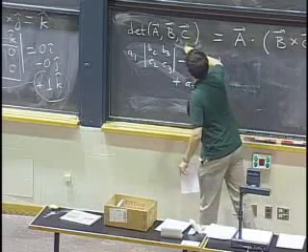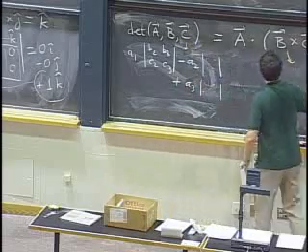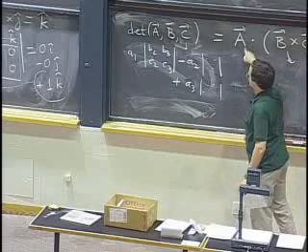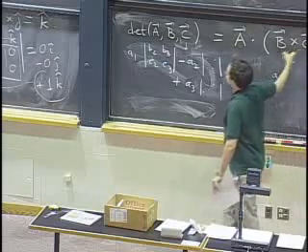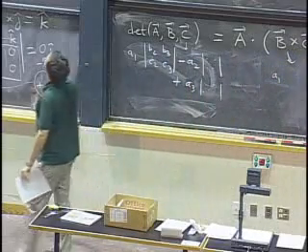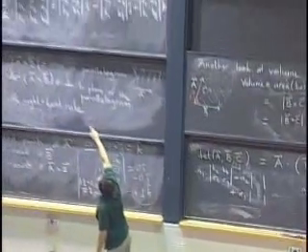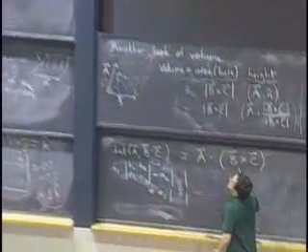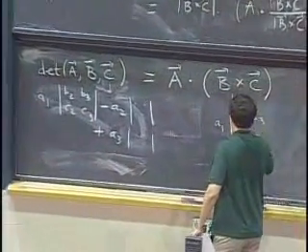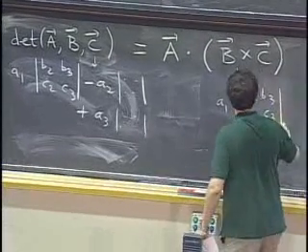OK, that's this guy. What about this guy? Well, dot product. We take the first component of A, that's A1. We multiply by the first component of B cross C. What's the first component of B cross C? Well, it's this determinant B2, B3, C2, C3. Right?